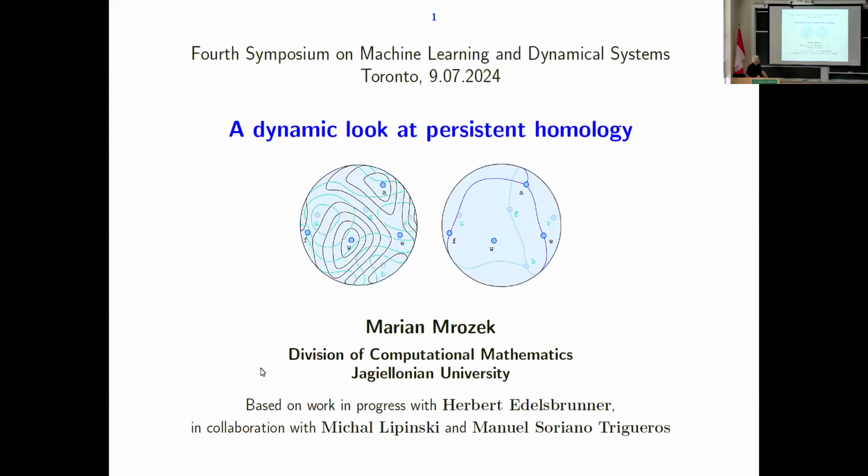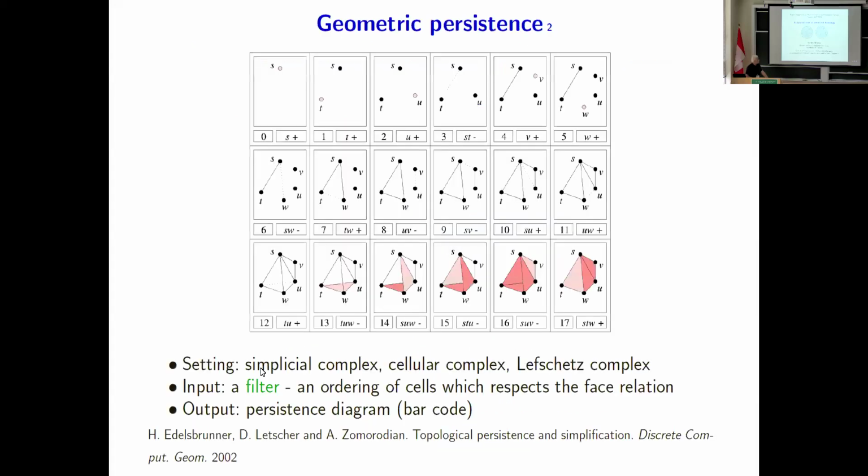A dynamical look at persistent homology. Here is a very brief recall from, I think, Herbert's first paper, where he introduced the idea of persistent homology. Very briefly, the idea is that you keep building a simplicial complex by adding simplex by simplex, as in this example.